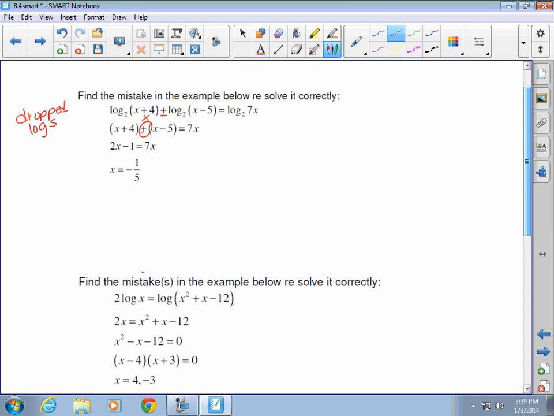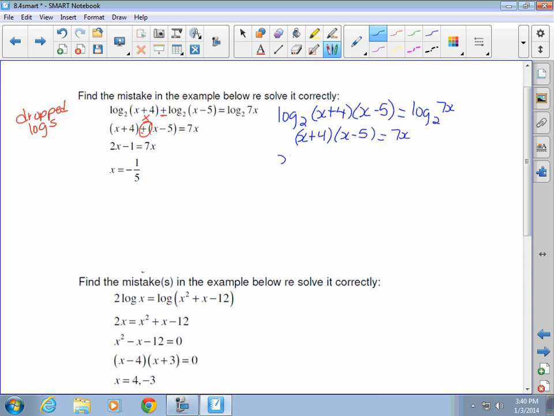So what this should have looked like is log base 2 of x plus 4 times x minus 5 is equal to log base 2 of 7x. So now when you have a log equal to a log, then you can drop the base. So I have x plus 4 times x minus 5 is equal to 7x.